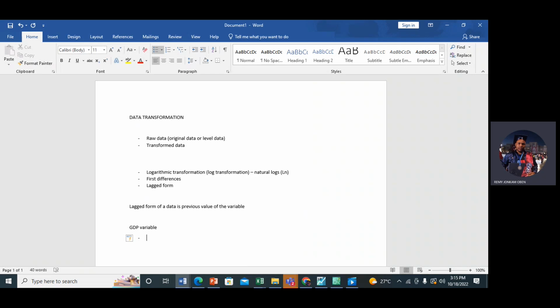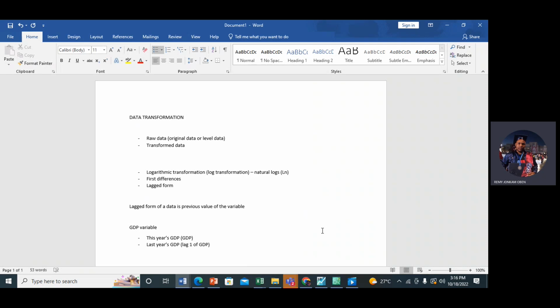and we have this year's GDP. This year's GDP, we can just call it GDP. If we want to look at last year's GDP, that is previous period GDP, then we can say it is lag 1 of GDP.